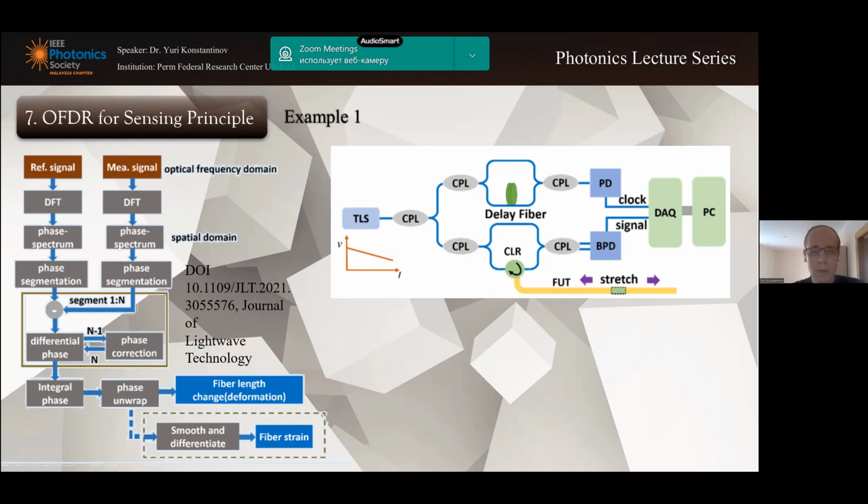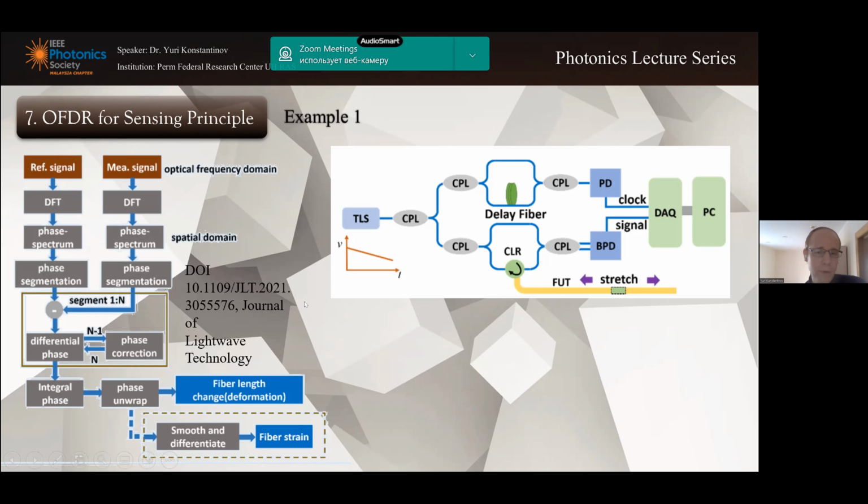So we need to extract the phase spectrum, to extract the phase drifts within the signal and their connections, and to connect them with the temperatures and strains.